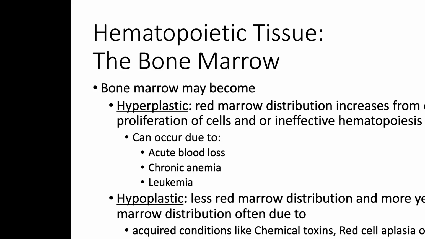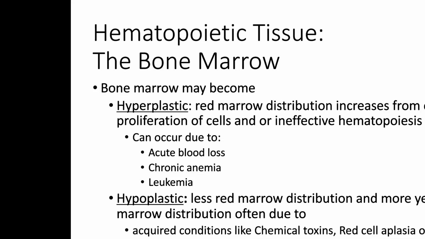If the bone marrow becomes much more active or has a lot more red marrow, then we call it hyperplastic. It's usually caused by excessive proliferation or just general ineffective hematopoiesis, as your body's trying to make up for the ineffective hematopoiesis. A lot of this can occur usually due to acute blood loss, chronic anemias, or leukemias.